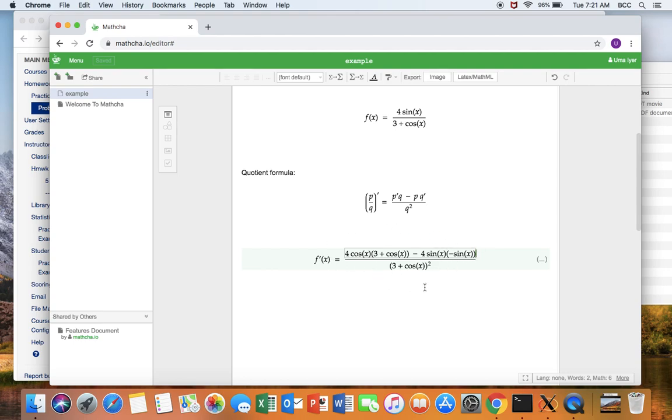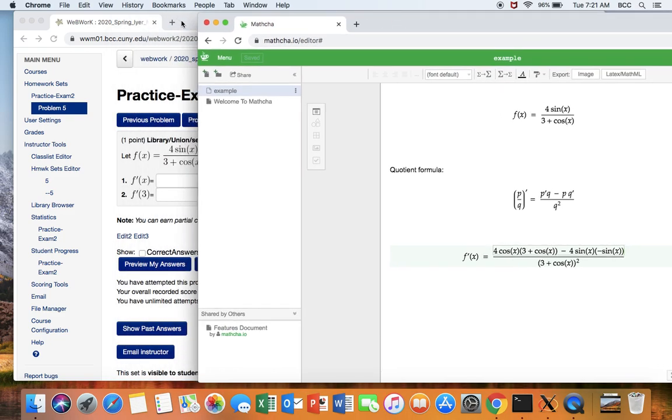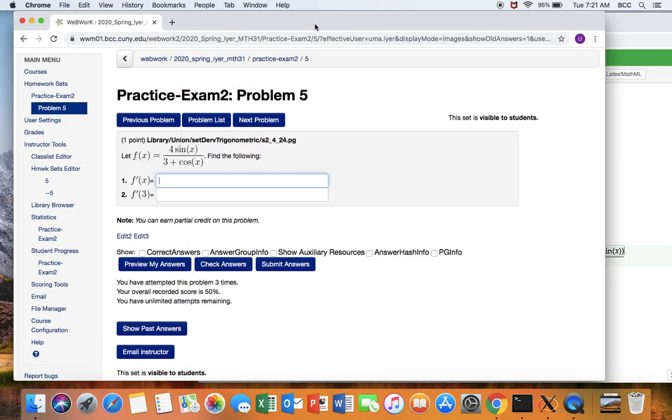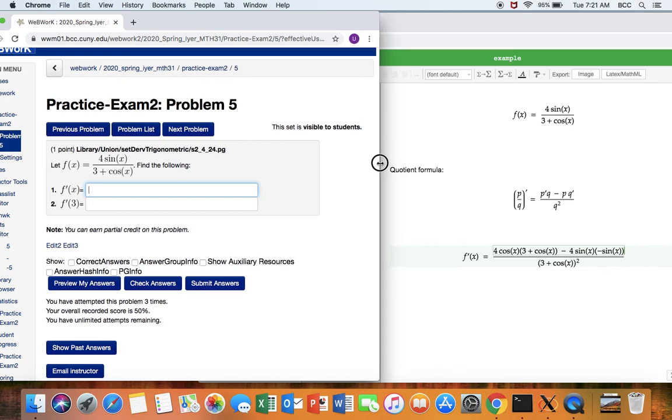Now, how will I input this in my WeBWorK? I have a huge numerator and a huge denominator. In WeBWorK, I'm not asking you to simplify, just input this. So here we go.